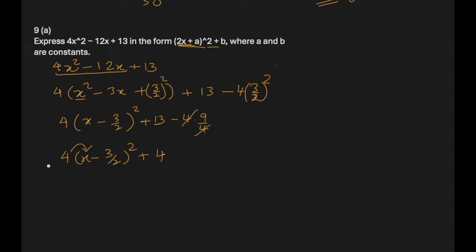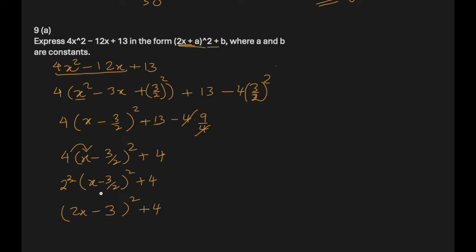Okay, so can I write 4 as 2 square, and then it remains what it is, plus 4, right? Now since both of them are squared, whenever two are squared, we can combine them by multiplying the bases. So 2 multiplied with this 2x, minus 2 multiplied by 3 over 2 is minus 3. Done. And plus 4.